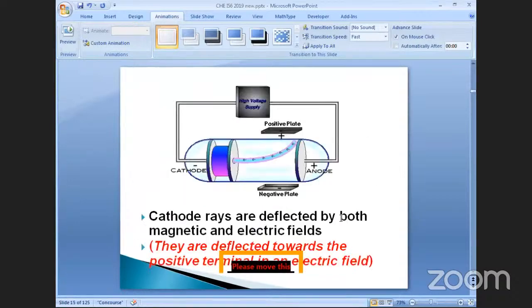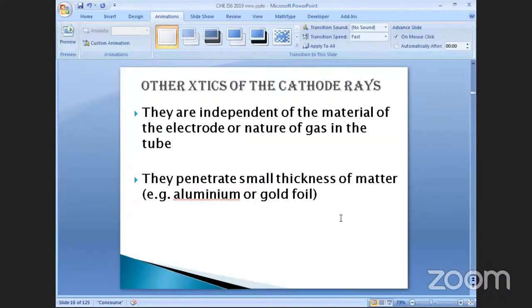Then in a magnetic field, it is rotated in the opposite direction, so that gives us an idea that it is negative. So I bring all these characteristics together. Other characteristics of the cathode ray are that, irrespective of the material of the electrode, so you can make the electrode from different kinds of metal, or the gas that is put in there, all the observations were consistent, and the cathode ray also has the ability to penetrate small thicknesses of matter.